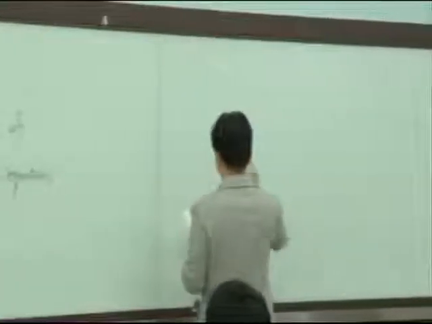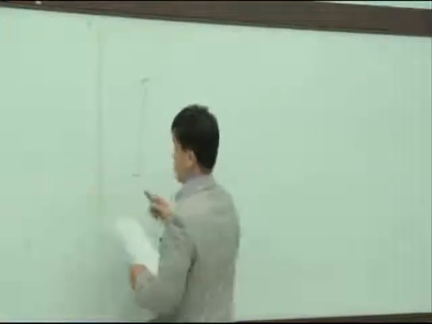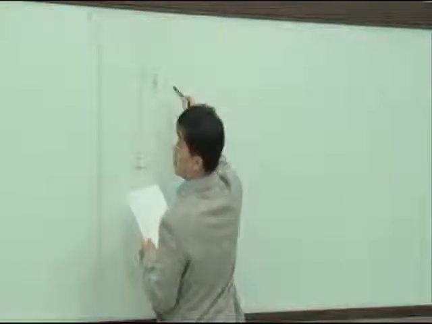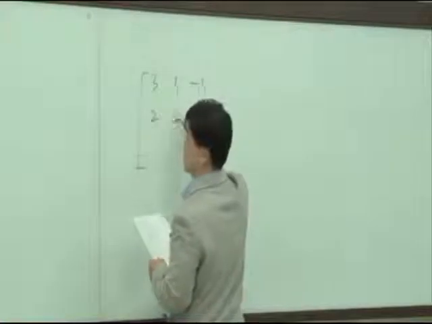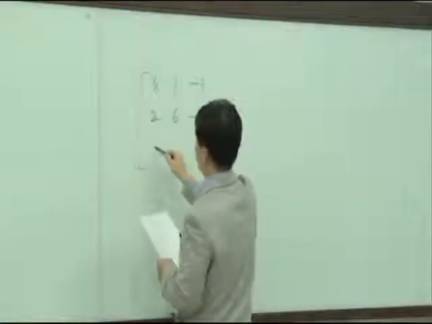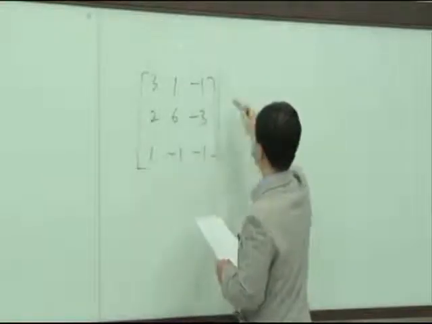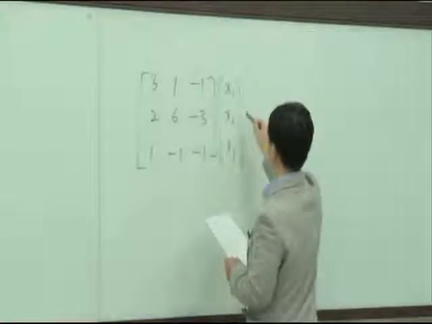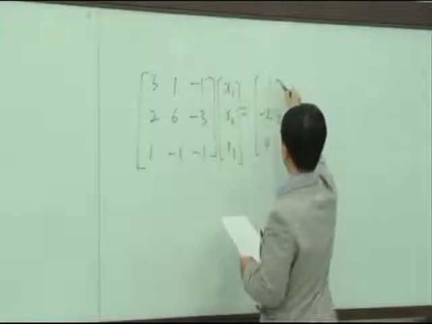And to express that set of linear equations, instead of using those three equations, we can use a matrix: 3, 1, minus 1, 2, 6, minus 3, 1, minus 1, minus 1, times x1, x2, x3, equal to 1, minus 2, 4.